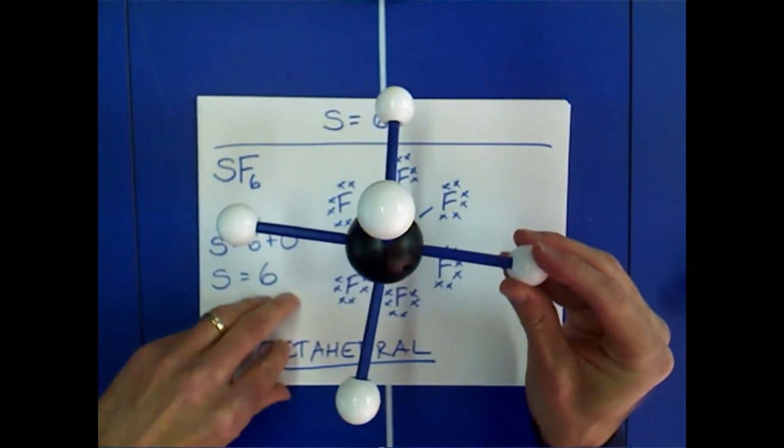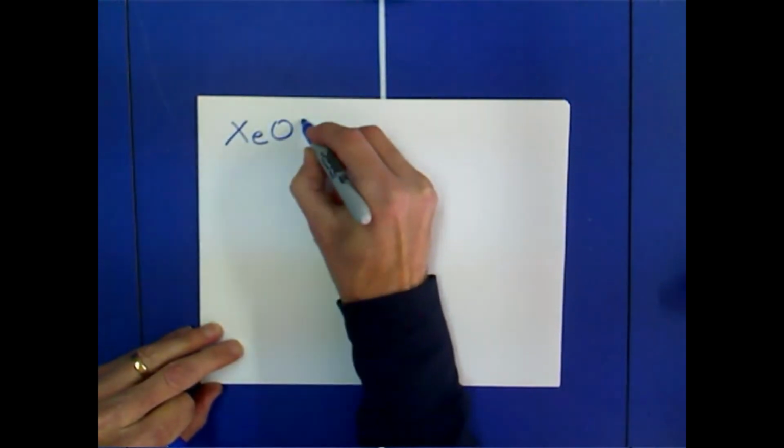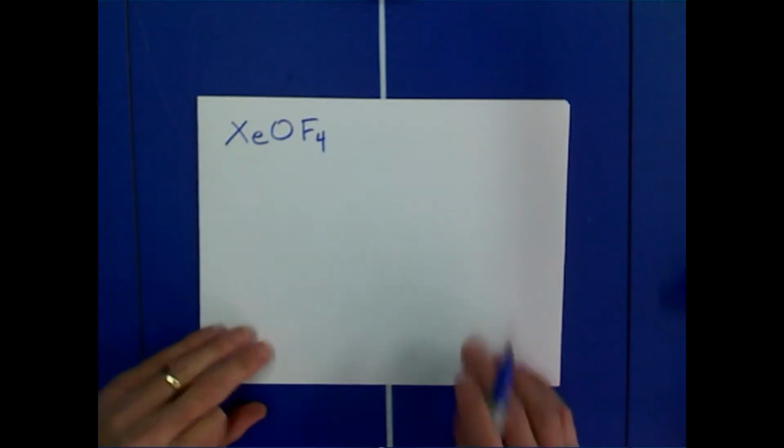Now there are other molecules that can give us an octahedral arrangement. For example, xenon oxytetrafluoride. The Lewis structure for this molecule looks as follows.